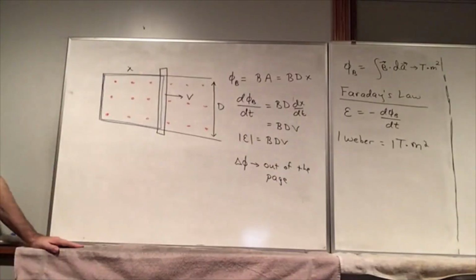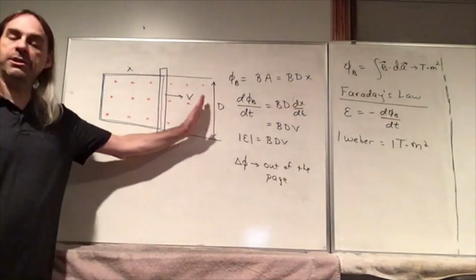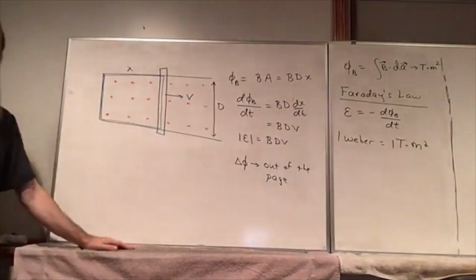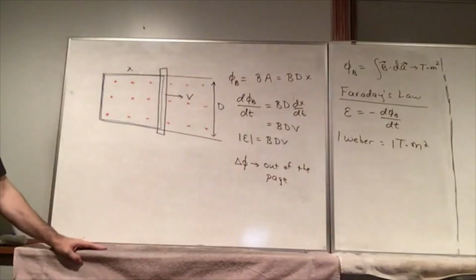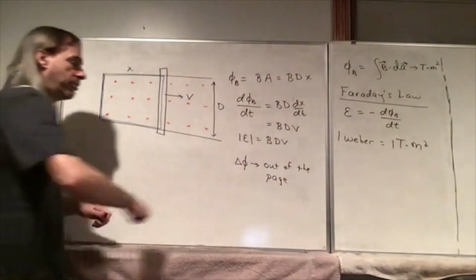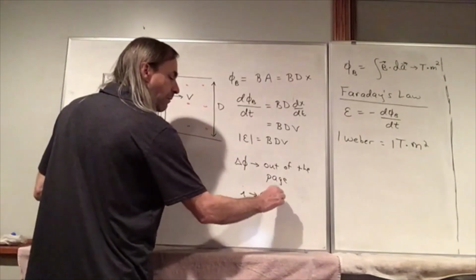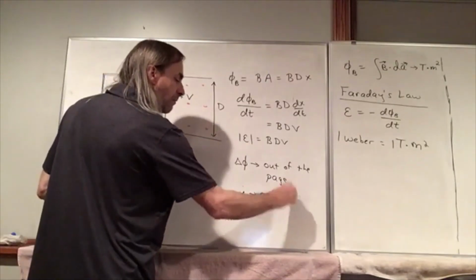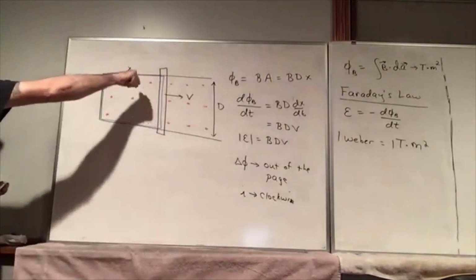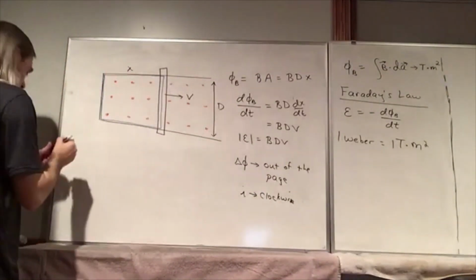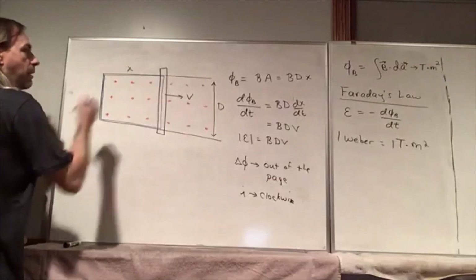But in this case, because the area is increasing, the flux is increasing out of the page, and so the induced current has to create a flux into the page, which would be clockwise. So again, clockwise current, thumb points into the page. So we're going to get a current that looks like this.